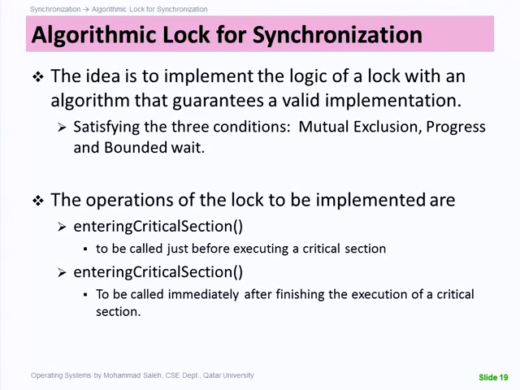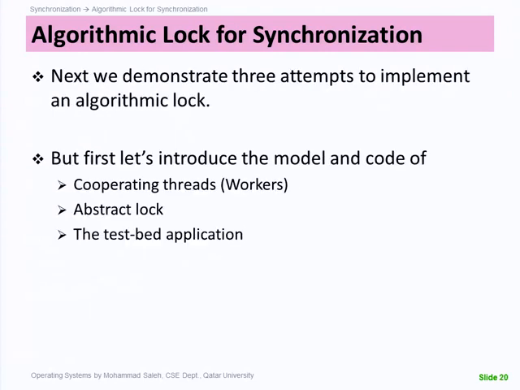This algorithm implements the lock. The lock must have two methods, acquire and release. Here we call them entering the critical section and leaving the critical section. So these are the two methods you're going to see in the class. That is the first attempt to enter the lock.